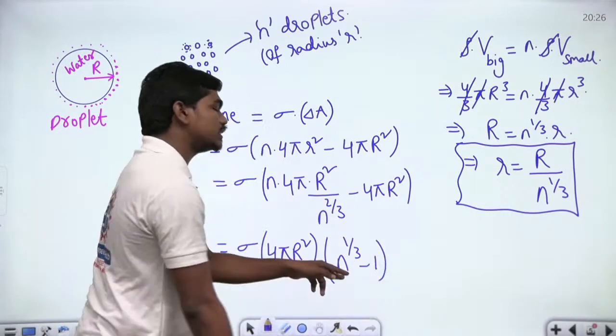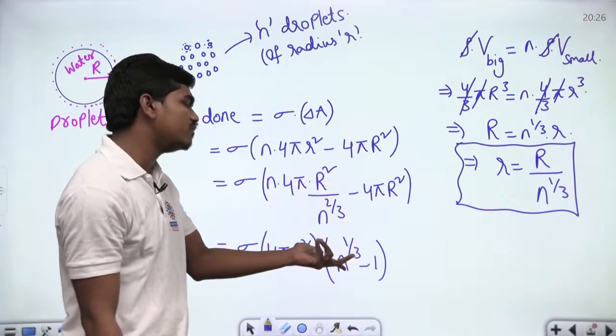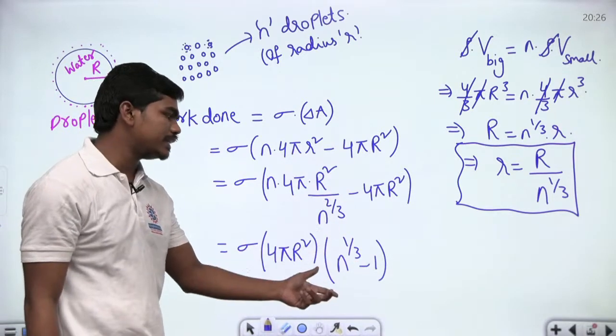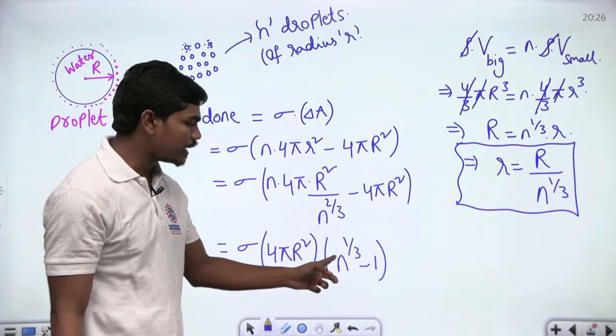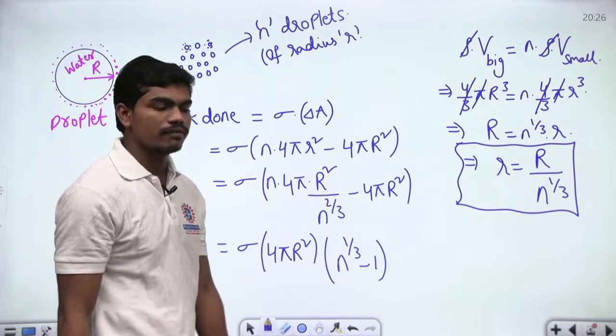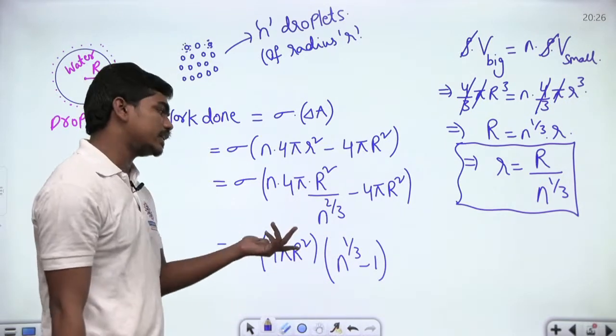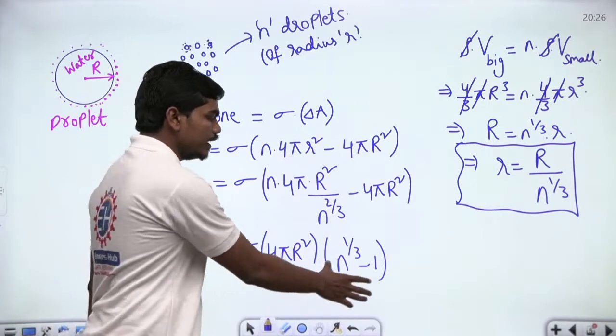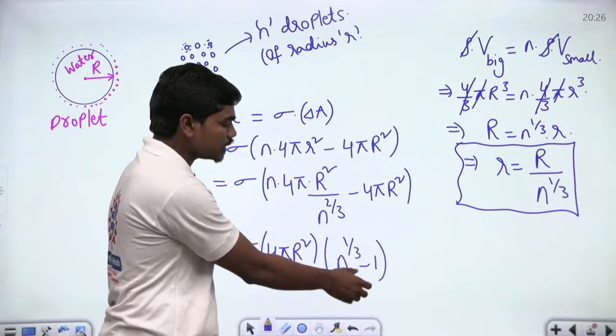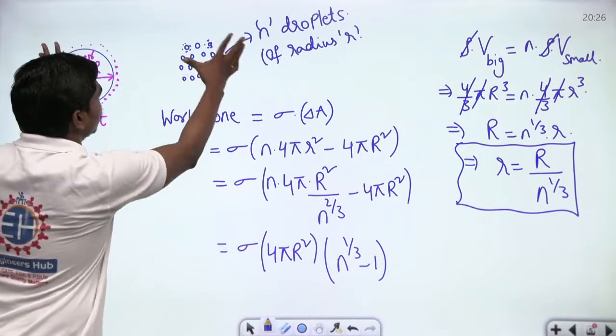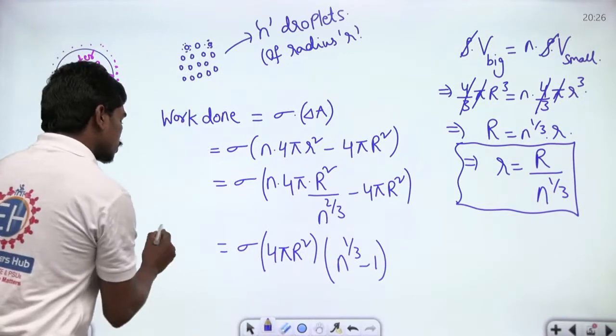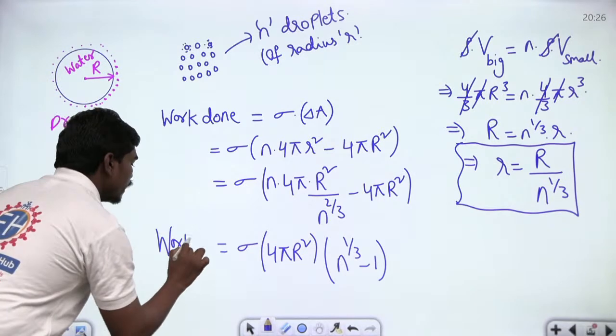And generally when n is given as a big number like a cube number, they give it to make your calculations a bit easy. So if n is 8, for example, then 8 power 1 by 3 is 2, 2 minus 1 will be 1. And of course this is the work done and it's positive. You can see clearly that as n increases, this complete value increases, and the work done that you need to blow up these many droplets increases. So this work done is given by this.